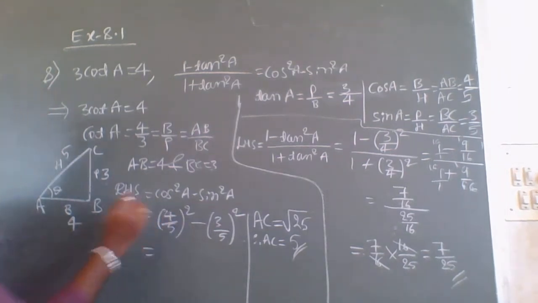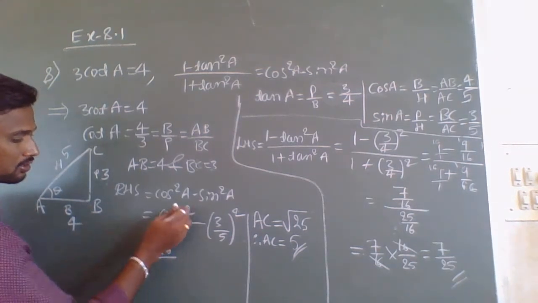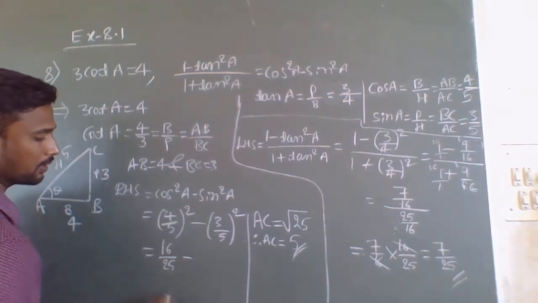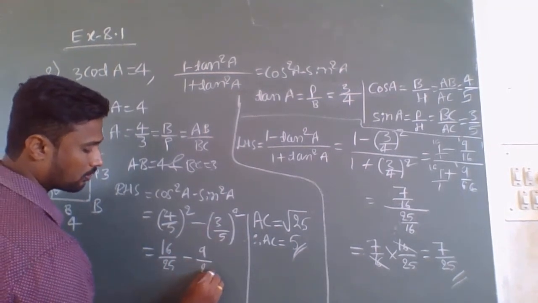Now 4 by 5 square means 4 square is 16, 5 square is 25, minus 3 square is 9, divided by 5 square is 25.